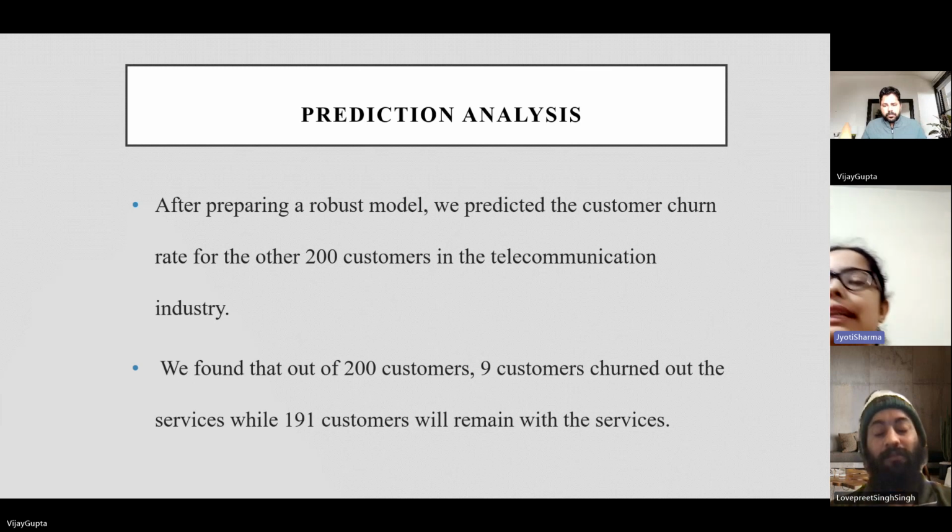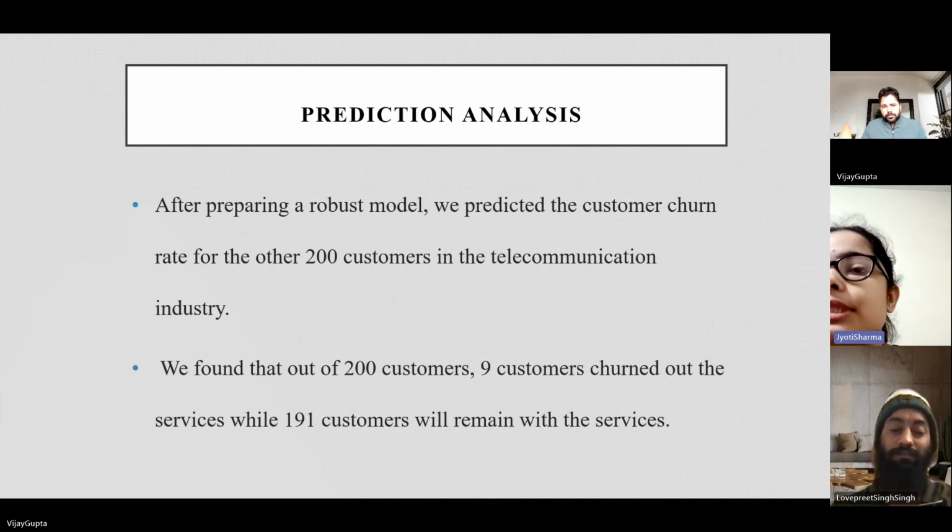Hello everyone, my name is Jyoti Sharma, and the next part, which is about prediction analysis, recommendation, and conclusion, will be covered by me. So, first of all, I'm going to talk about prediction analysis.